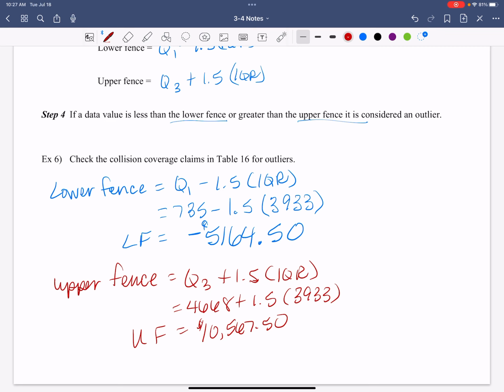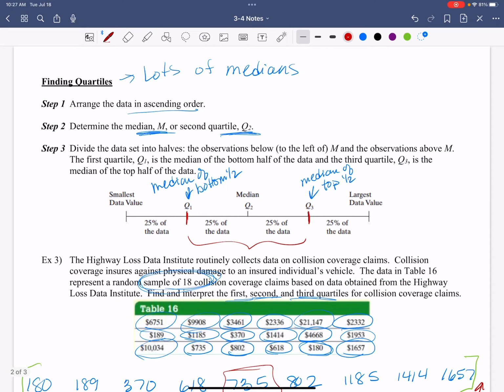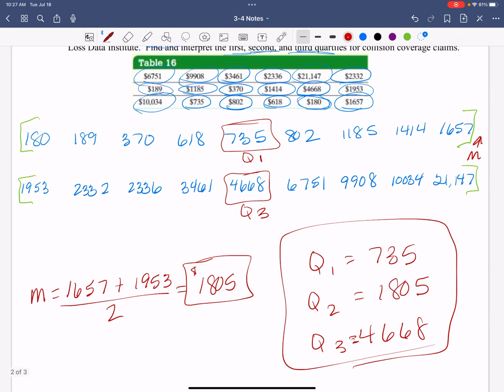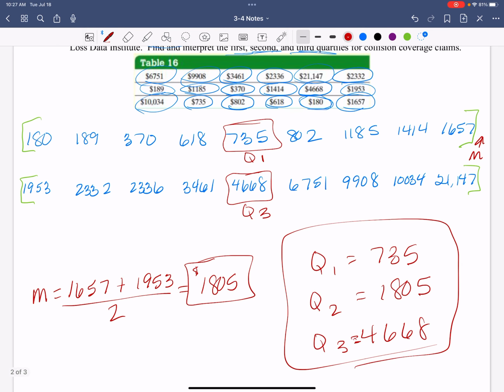Do we have any data values that are beyond 10,567? The beauty of setting this all up is then we can look at this. Yeah, 10,567 is in between here. Ooh, that 21,000, that's outside of the norm.